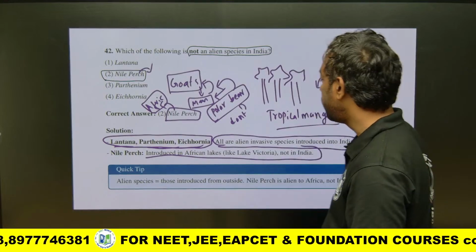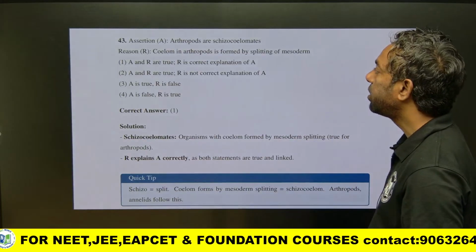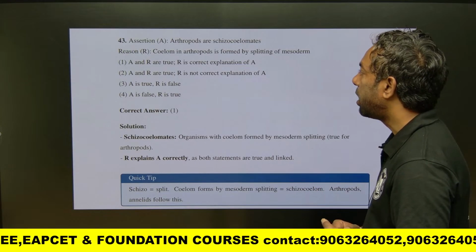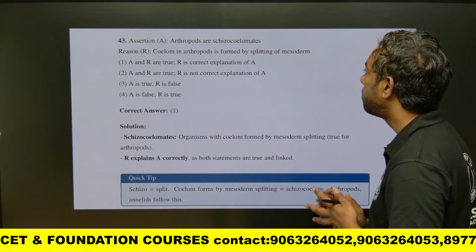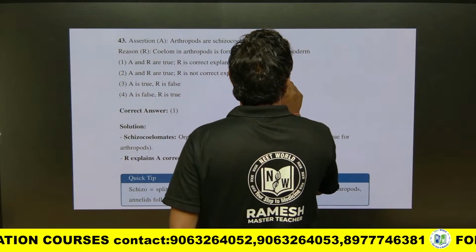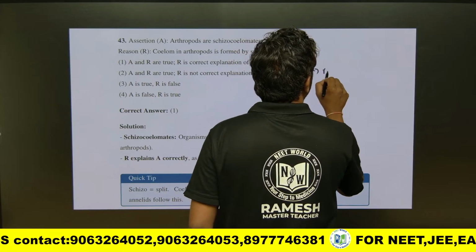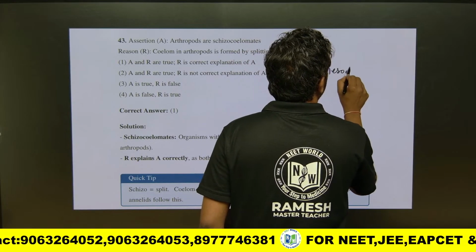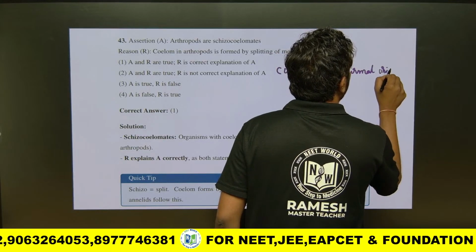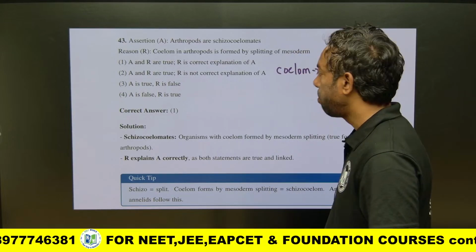Alien species are those introduced from outside. Next question: arthropods are cytocoelomates. Coelom in arthropods is formed by splitting of mesoderm. Of course, coelom is of mesodermal origin.